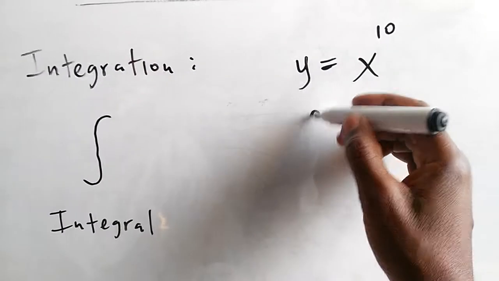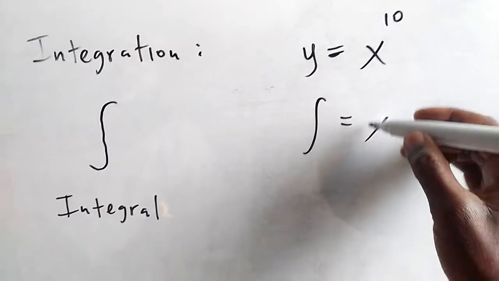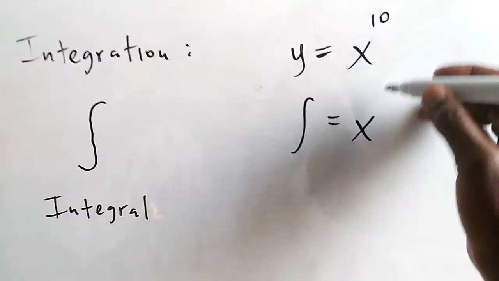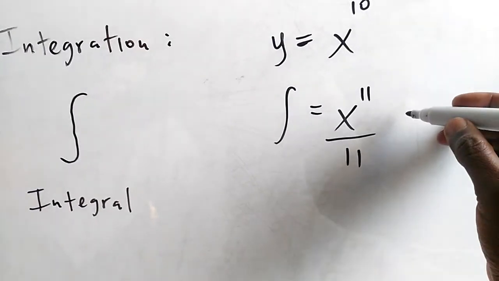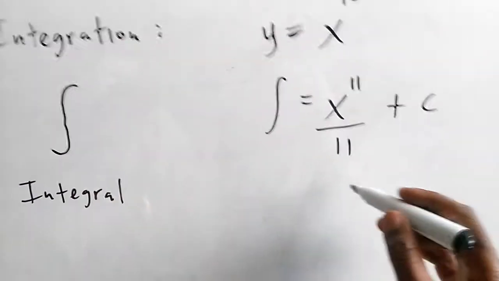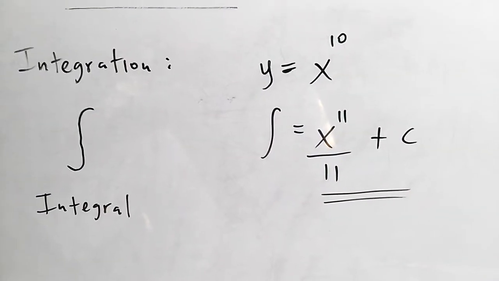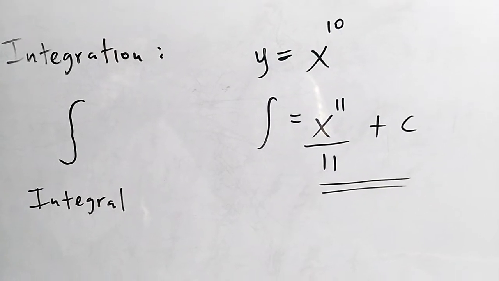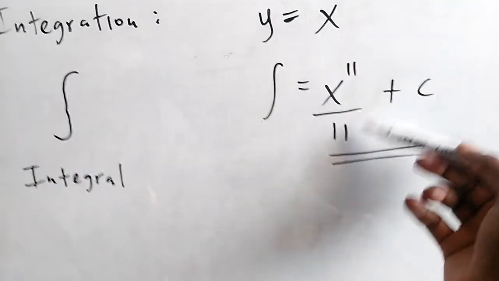We'll say the integral will be such that we will increase the values of x. So x has a 10 plus 1 to be 11. The moment you add the power, you even drop it as a denominator and add a constant there. That will be your answer. So the integral will be equal to x to the power 11 over 11 plus a constant.